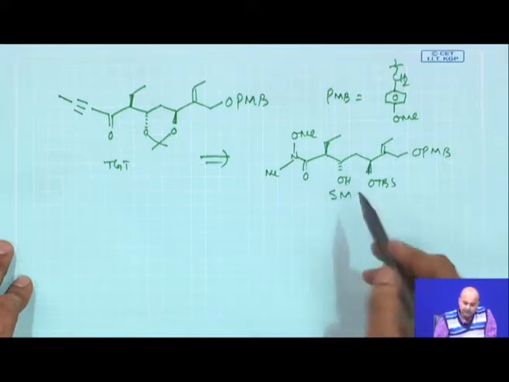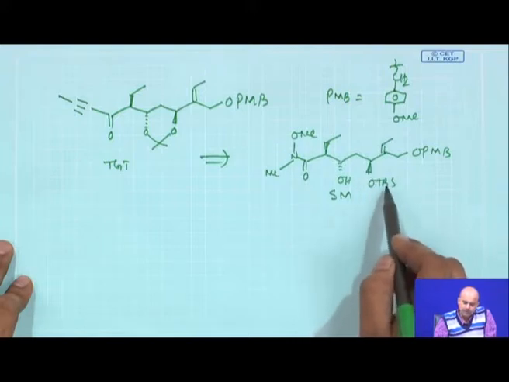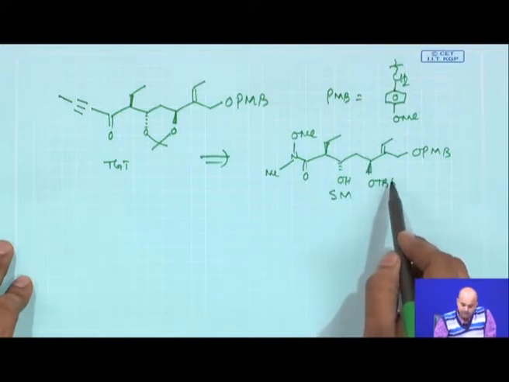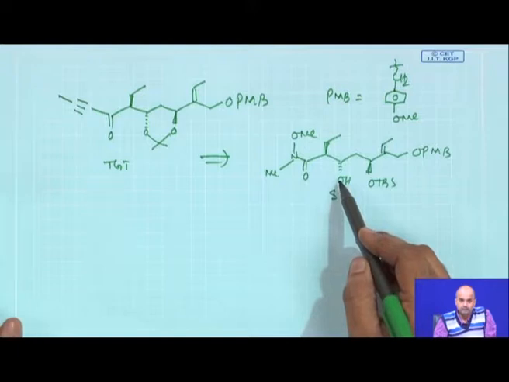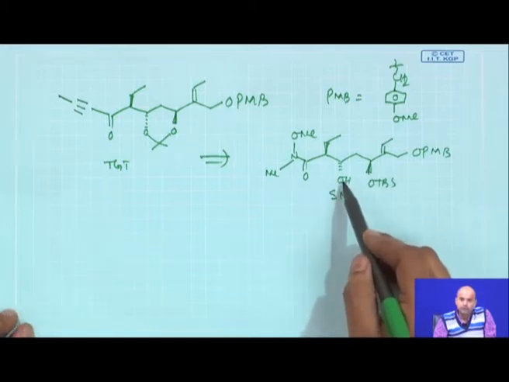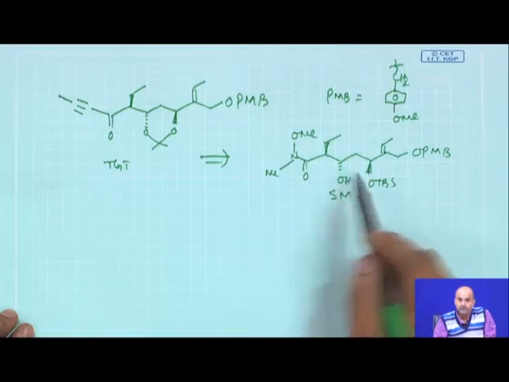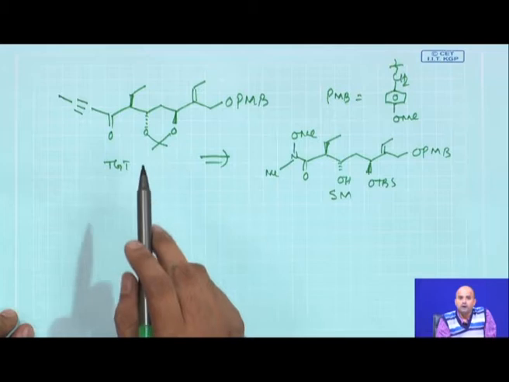And then you see one of the secondary alcohol groups already has a TBS protecting group, but this alcohol is free. But as I said, in the Weinreb ketone synthesis you need to have a Grignard or lithium reagent, which is a basic condition, so probably you need to protect the free hydroxy group, which might hinder this Weinreb ketone synthesis.